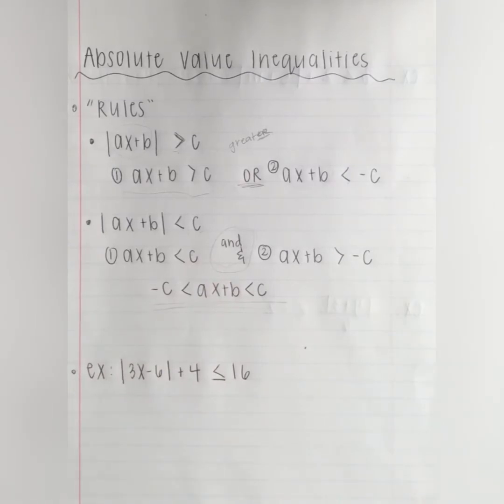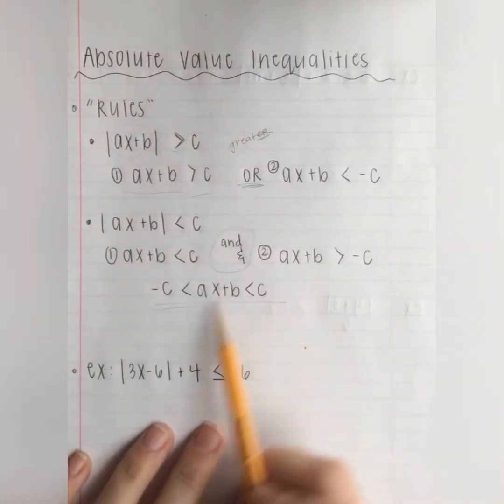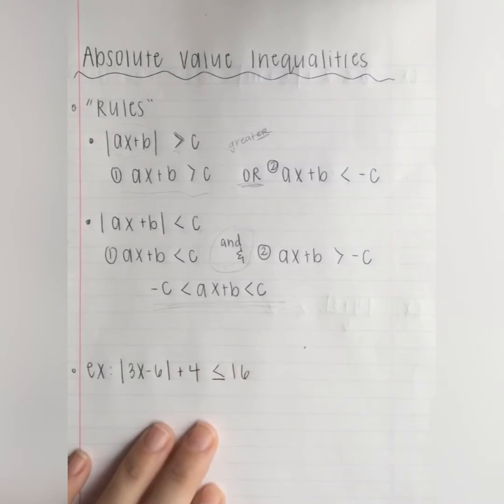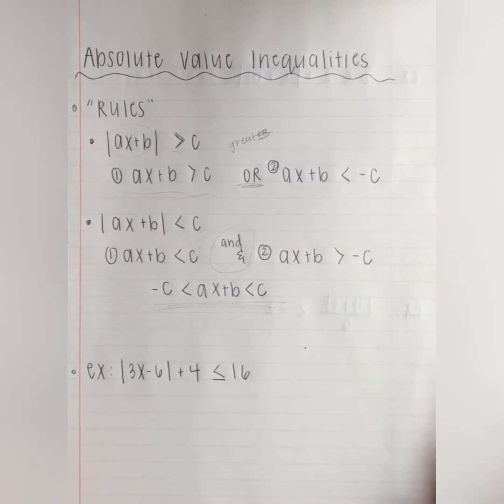Okay? But once again, you should always think about it on the number line. It helps you actually understand what you're doing and not just trying to memorize rules. But remember, with and inequalities, you can write them as one inequality statement like we have here. Okay? So let's look at our first example down below.